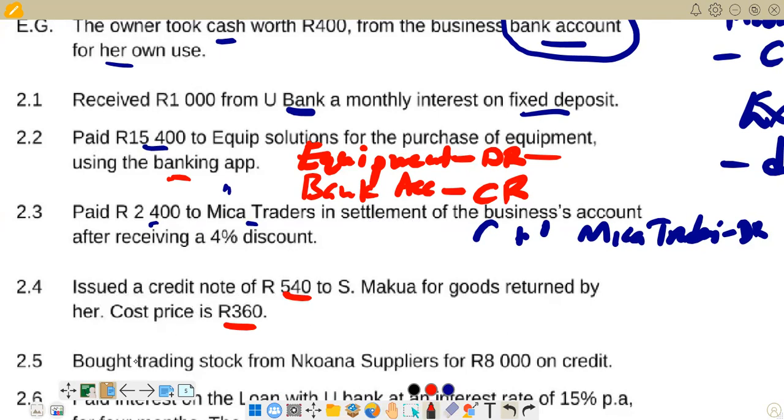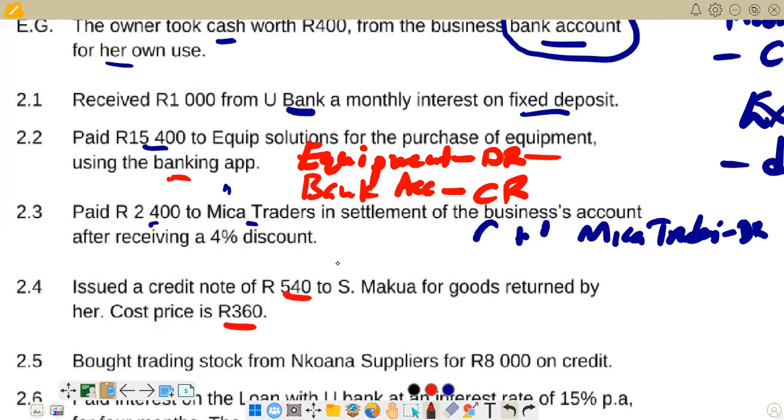We initially sold these goods, and these goods went out of the business, and we sold them to S. Makua, and then S. Makua returned those goods to the business. So we have to reverse the initial double entry that we had done. Remember these are returns, they are allowances that have been made.